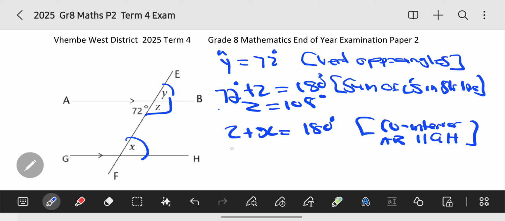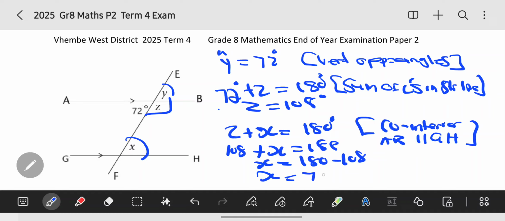Z is 108, plus X is equal to 180, and then X is equal to 180 minus 108. Therefore X is equal to 72 degrees. It's the same answer. Okay, so let's continue, learners.